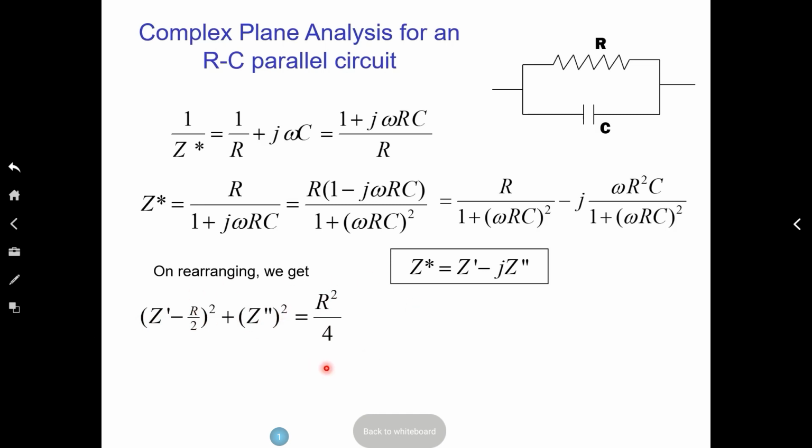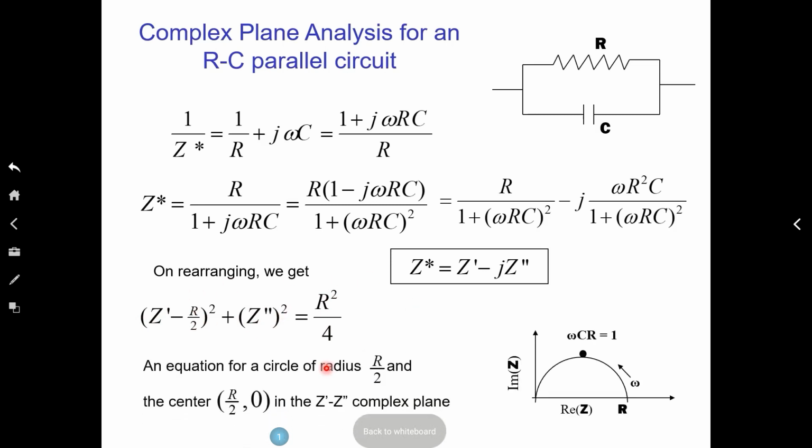So you can represent this on an impedance plane plot. Obviously I did not draw the full circle. I drew only half the circle. Do you know why? It's an equation of a circle. Why is it only half the circle? There must be a reason.